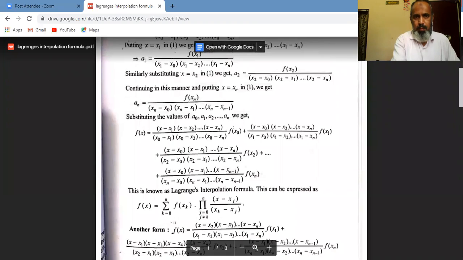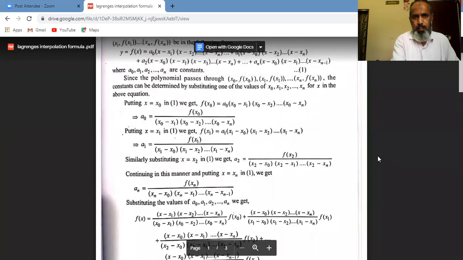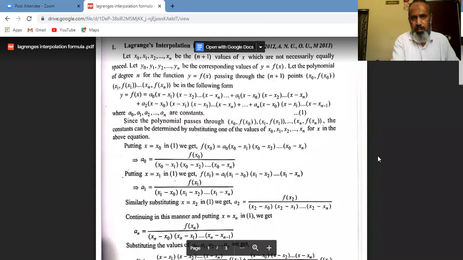Let us see here. Now see here. We are going to derive the Lagrange's interpolating polynomial.